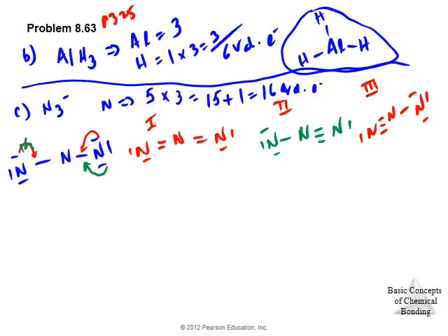These 3 are resonance structures, and in none of these cases did we exceed the octet rule. In other words, the octet rule is valid for each nitrogen in each of these resonance structures. So the actual structure of N3 minus would be given by a combination of all these 3. Now we're going to do 63E.